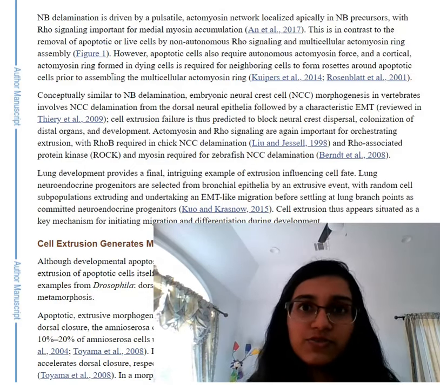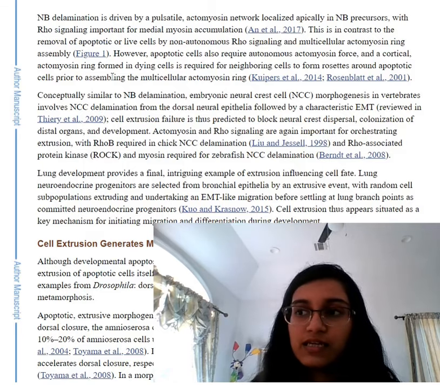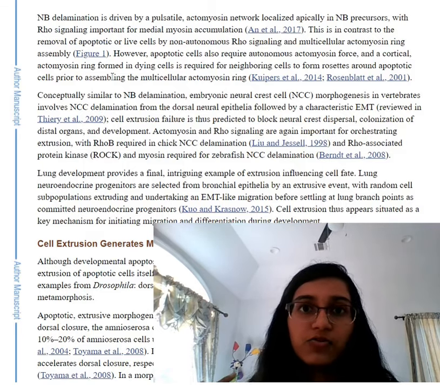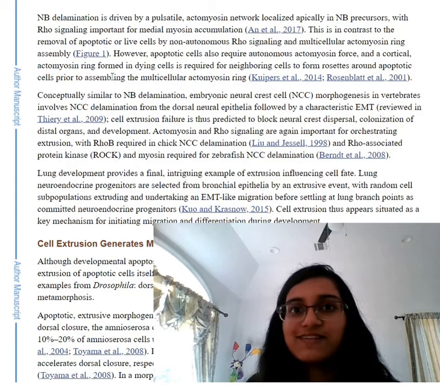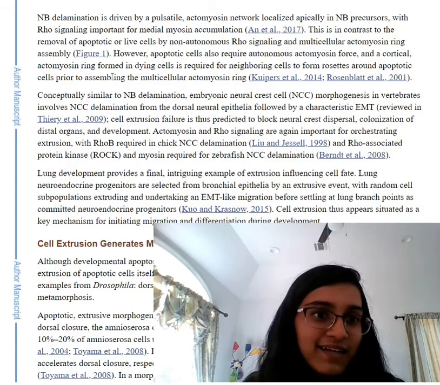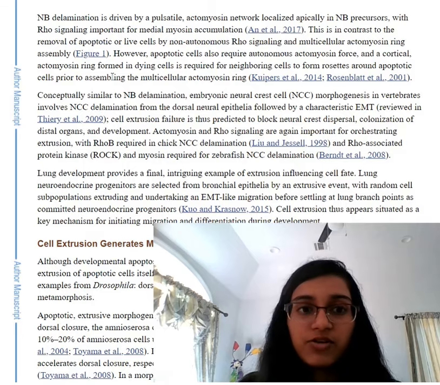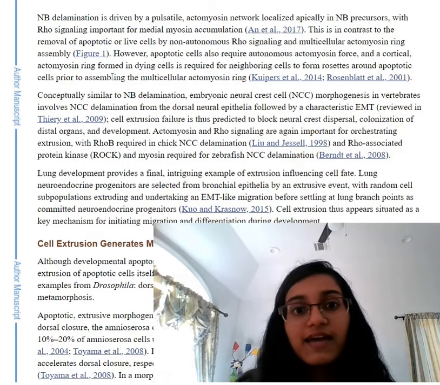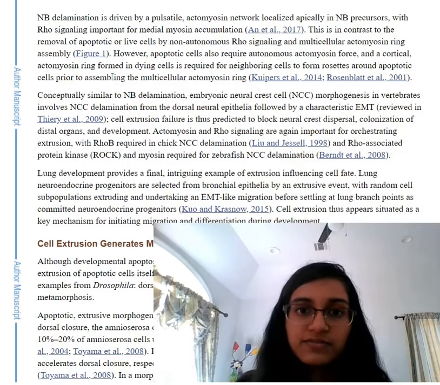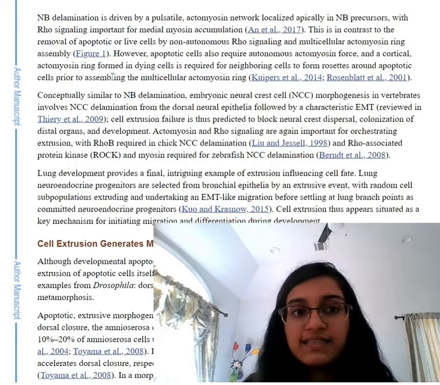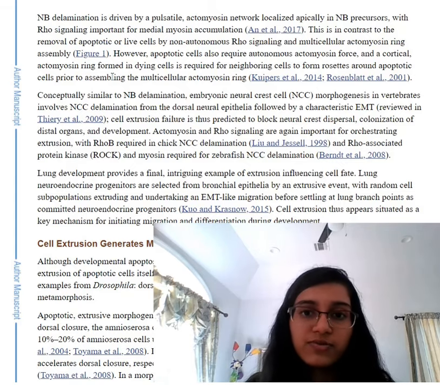These proteins really do play a role in both the creation and the new purpose of cells, as well as the destruction of cells. The second paragraph here says that, conceptually similar to neuroblast delamination, embryonic neural crest cells, morphogenesis in vertebrates, involves NCC delamination from the dorsal neural epithelia, followed by characteristic EMT.